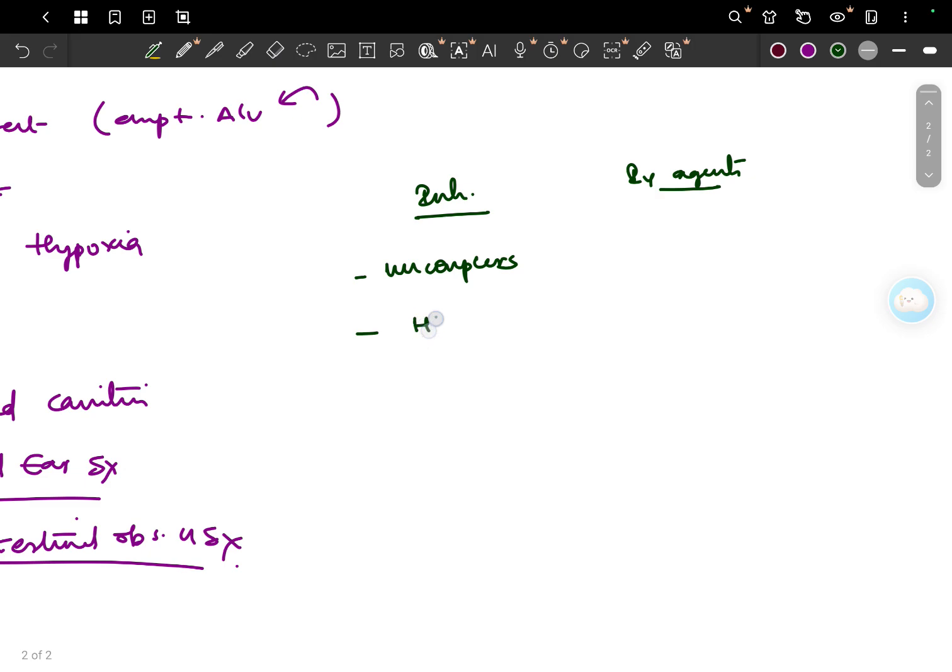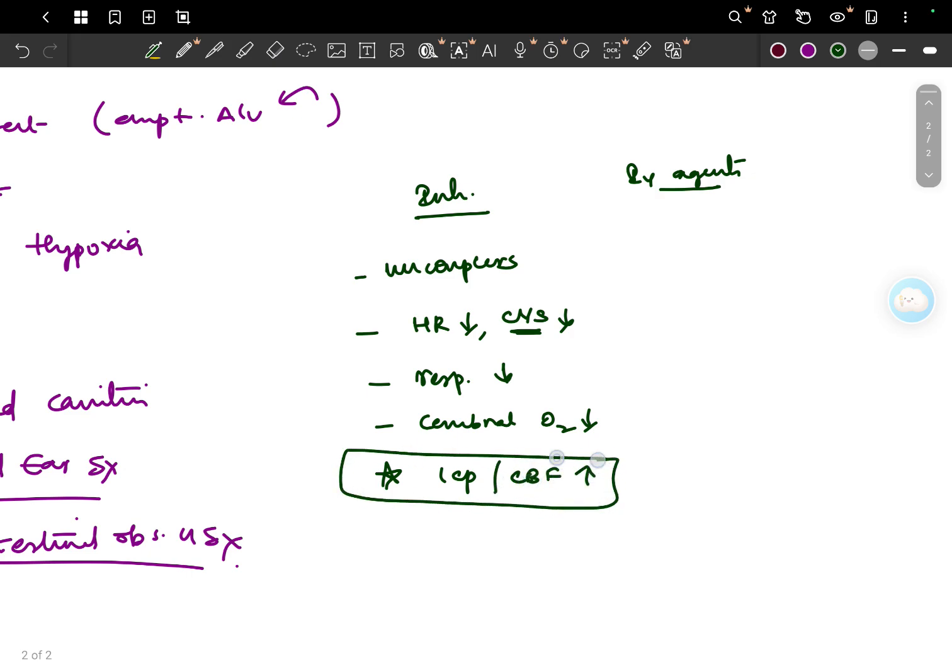They will be decreasing heart rate, blood pressure will be decreased, they will decrease respiratory drive, and they will decrease cerebral metabolic oxygen consumption. The only thing they will increase is ICP, or cerebral blood flow.